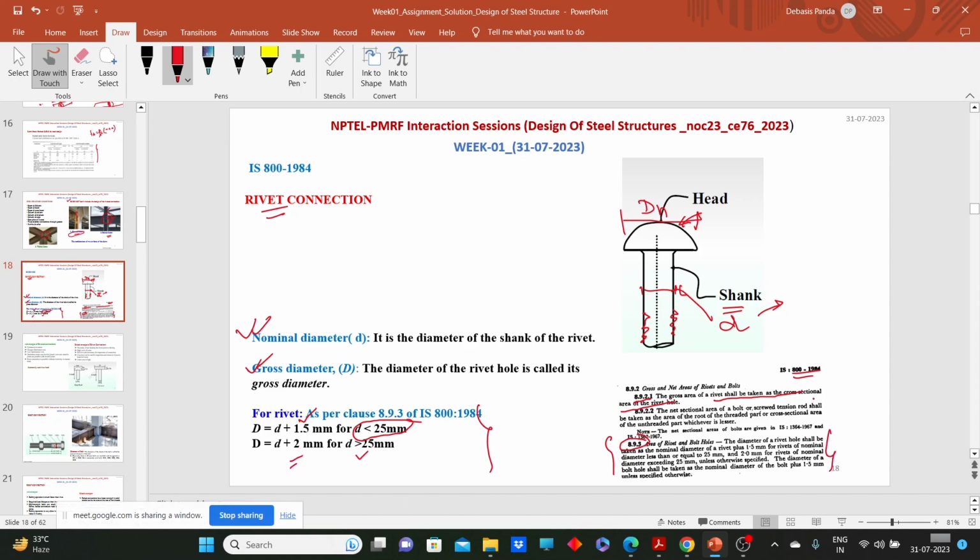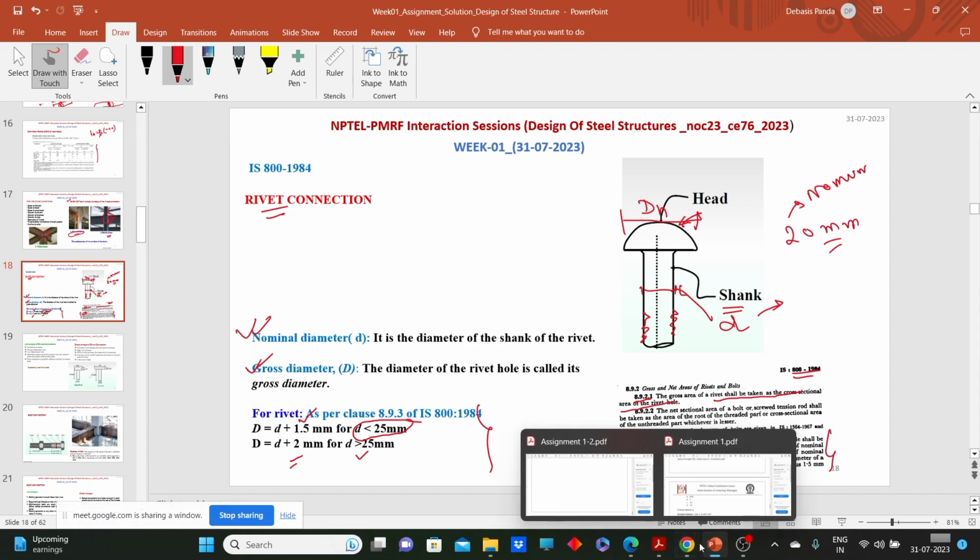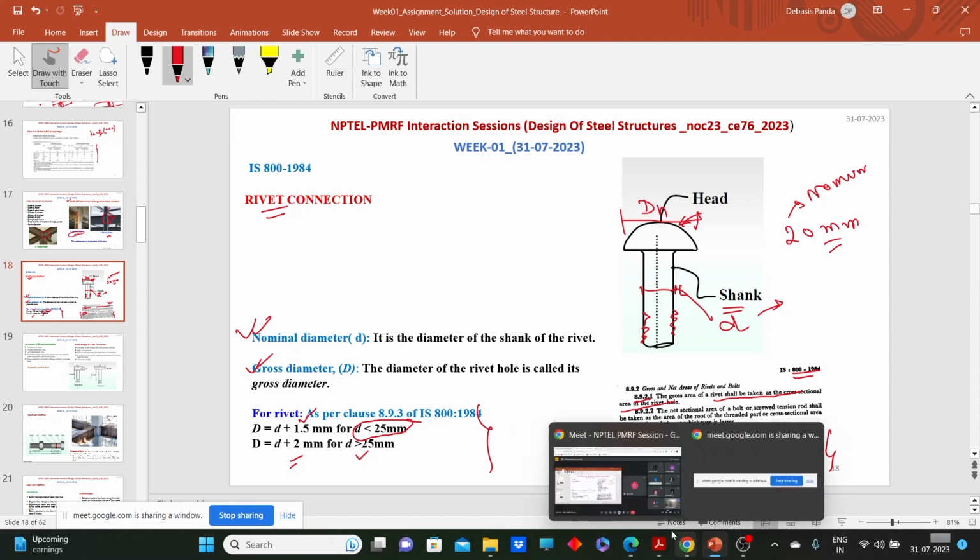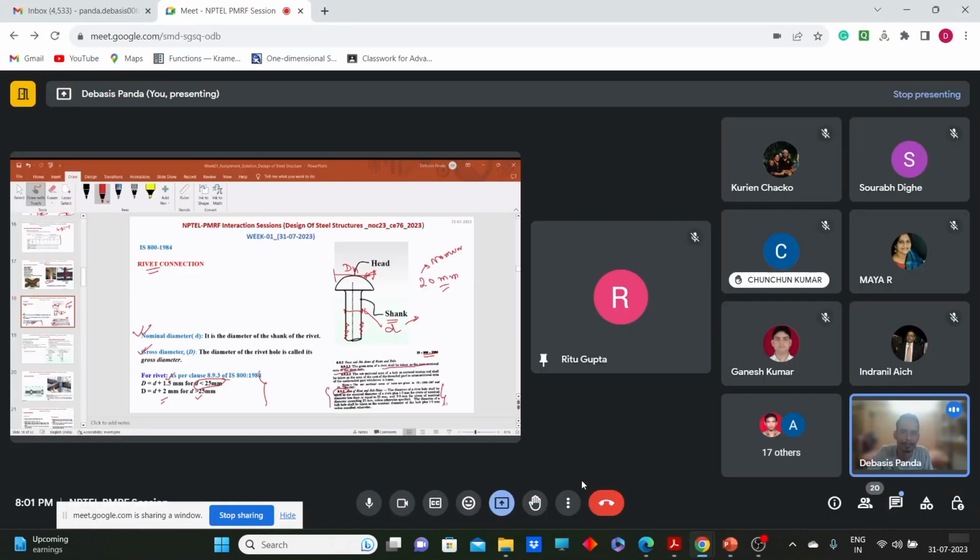Say we have a rivet of 20 mm, which is the nominal diameter. What will be the gross diameter of this rivet? If the nominal diameter is 20 mm, what will be the gross diameter? Quickly.